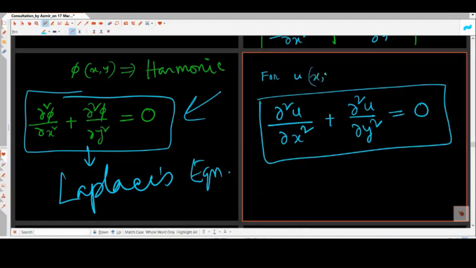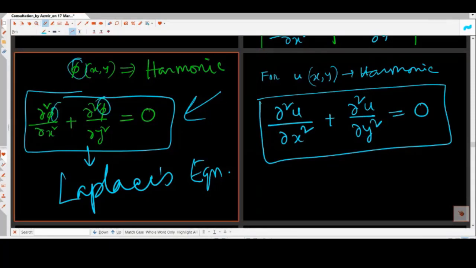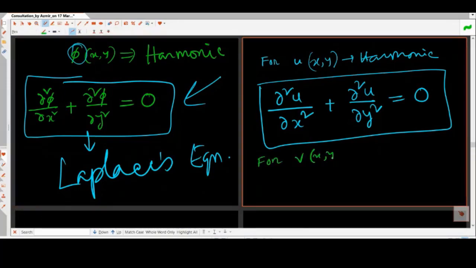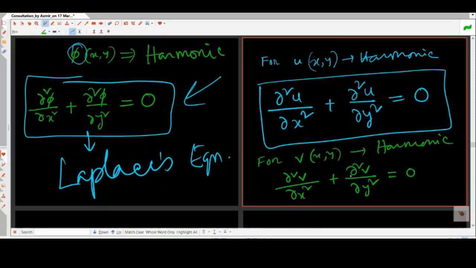So u of x comma y will be harmonic if it satisfies the Laplace's equation. So when we have phi, we are just plugging in u. Similarly, the function v will be harmonic if the second order partial derivative of v in terms of x plus the second order partial derivative of v in terms of y becomes 0.